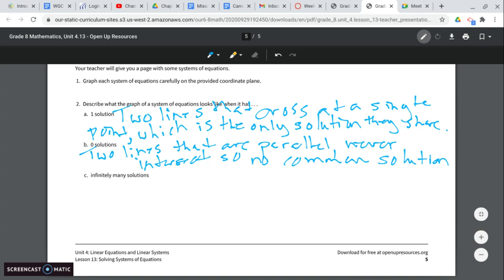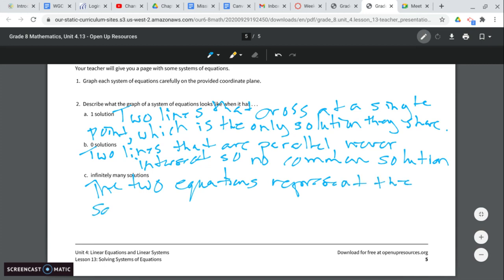And then last but not least, infinitely many solutions. It's where the two equations represent the same line.